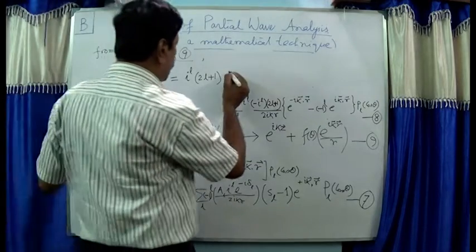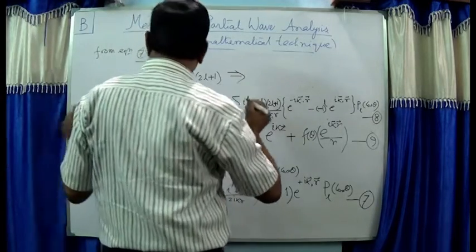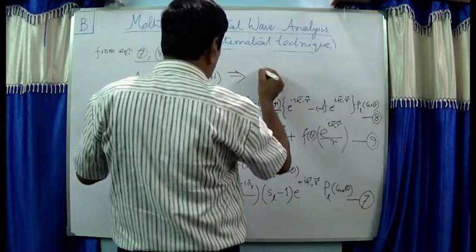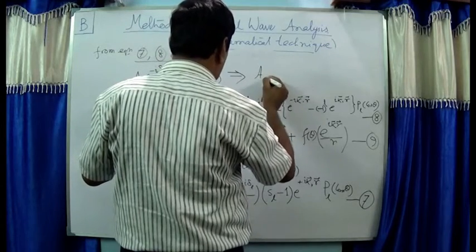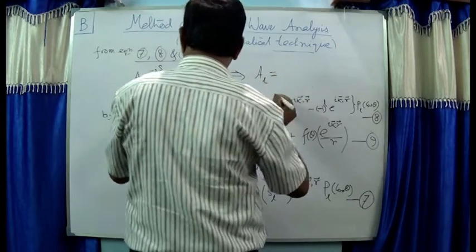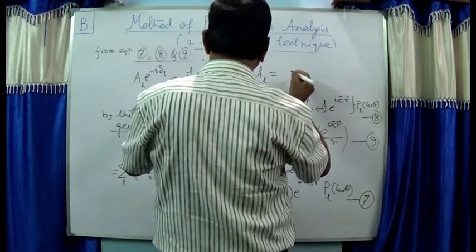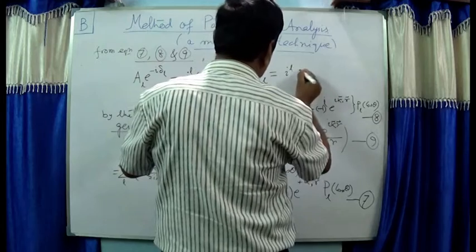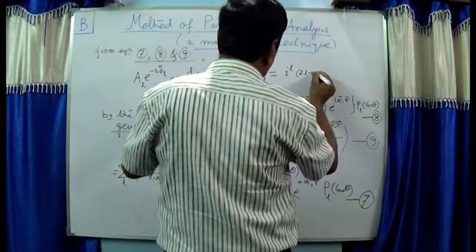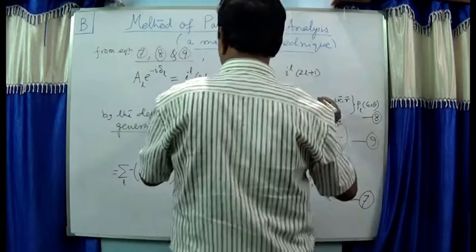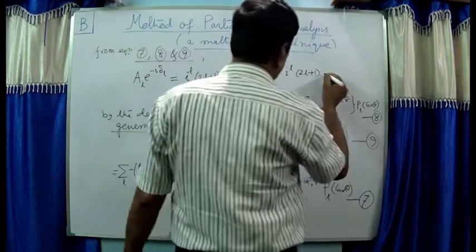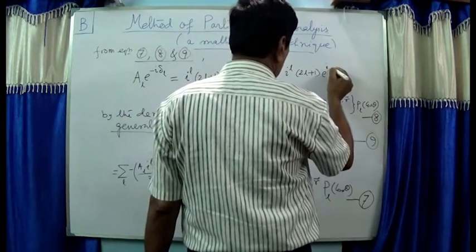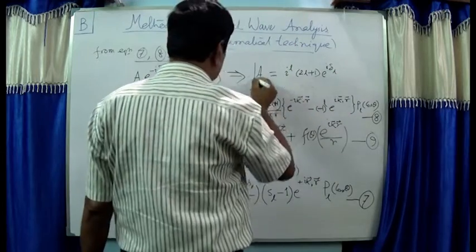So from this, I can get the normalization constant A_L as i to the power L twice L plus 1 e to the power i delta_L.